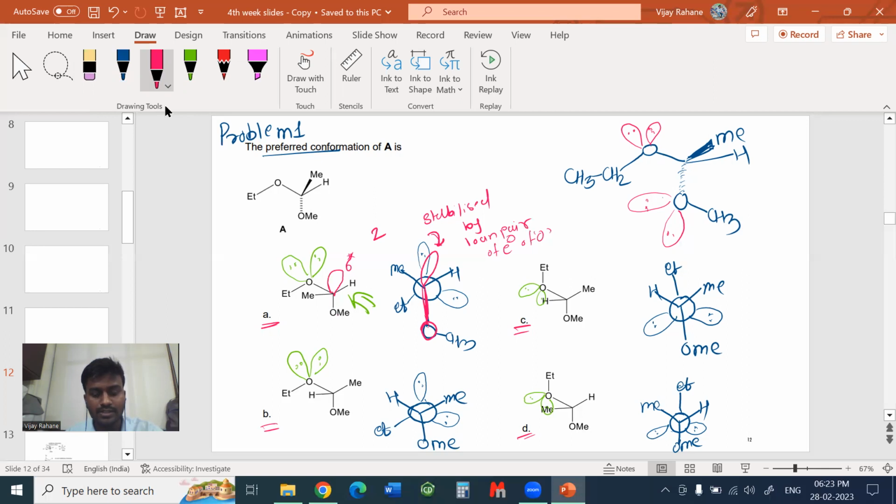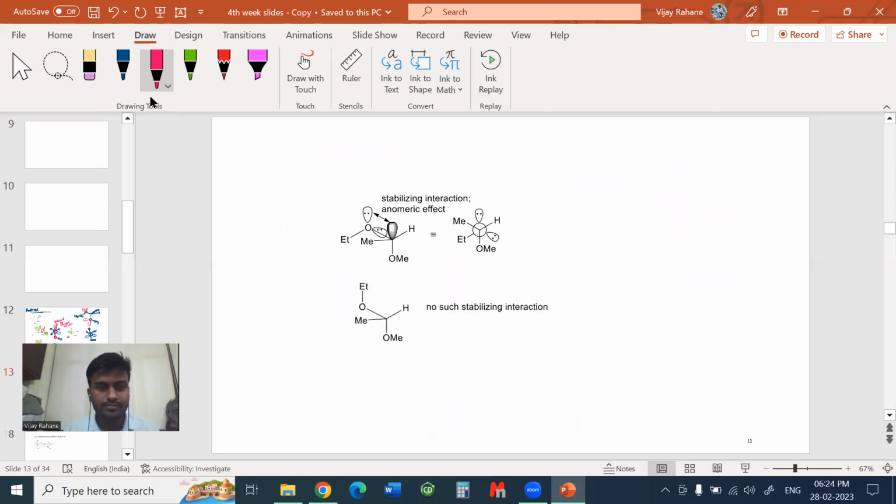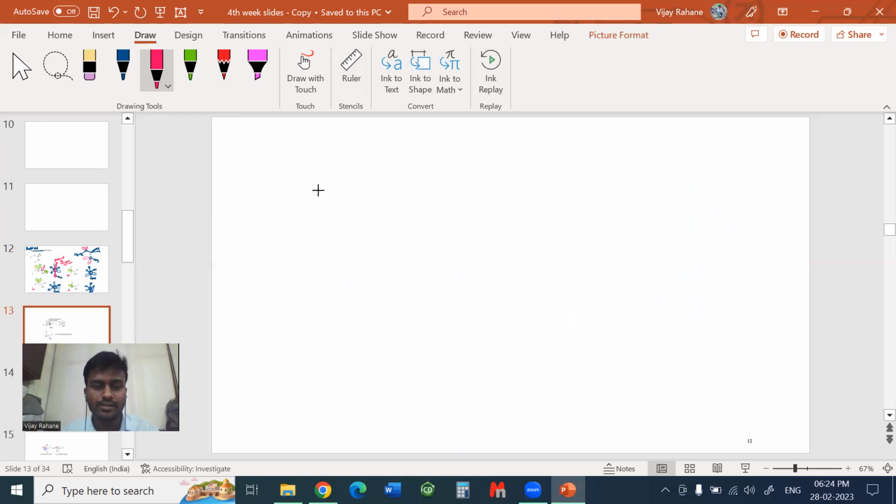If you see the other possible structures, in these structures there are no such stabilizing interactions present. So this stabilizing interaction is present only in structure A. Right. Here you can easily see.